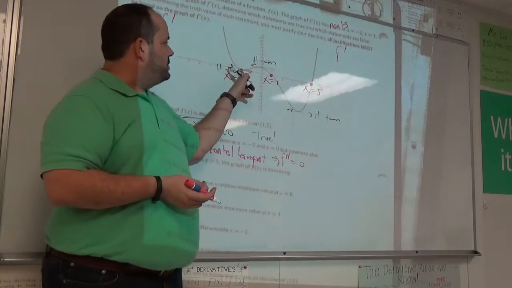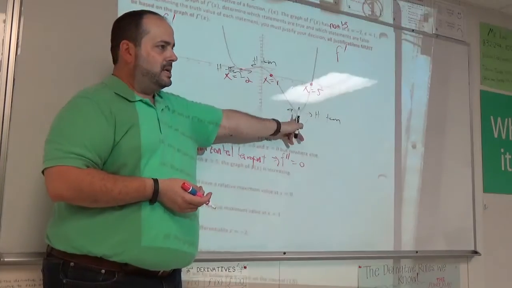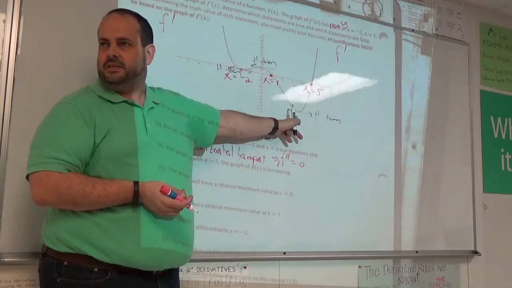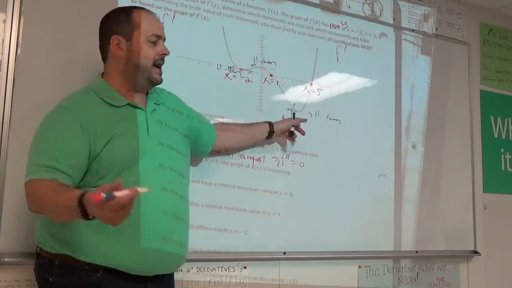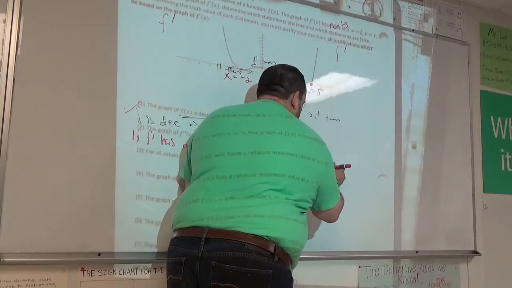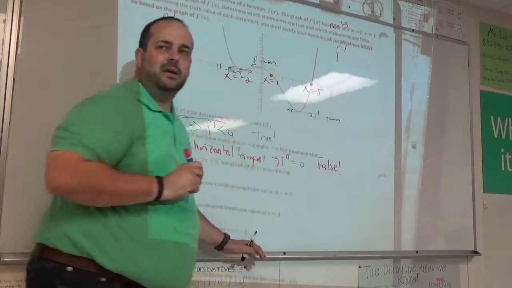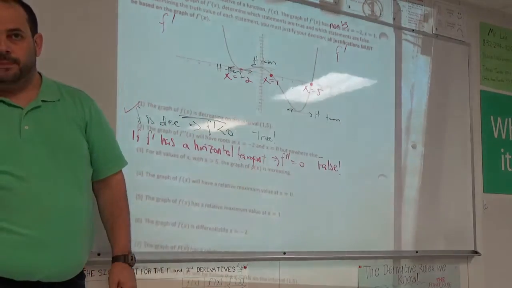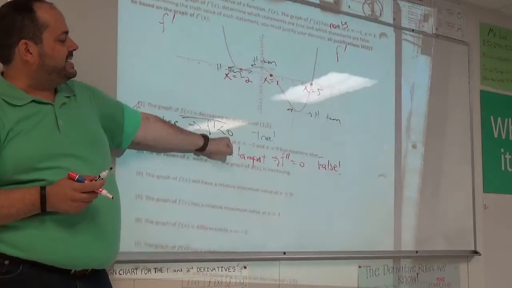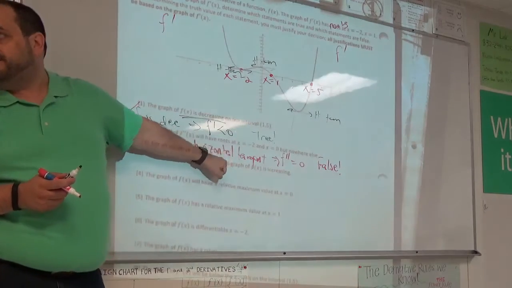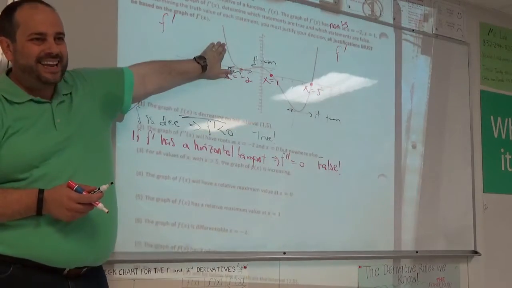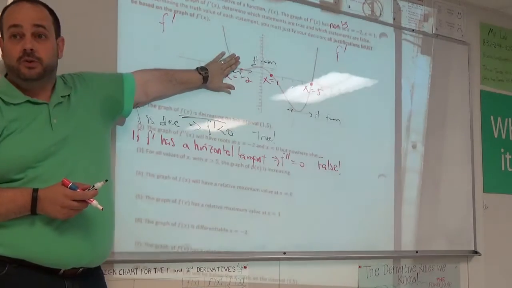At x equals -2, at x equals 0, and at a third place I'm not really sure of, but I know it's a third time. So this is a false statement. We're good? The key is to connect these statements about the graph that you don't see back to the graph of f prime, the graph that you do see.